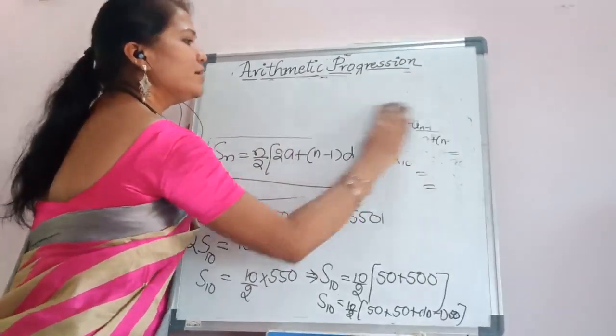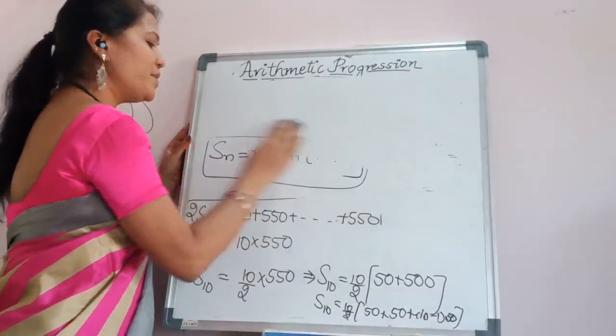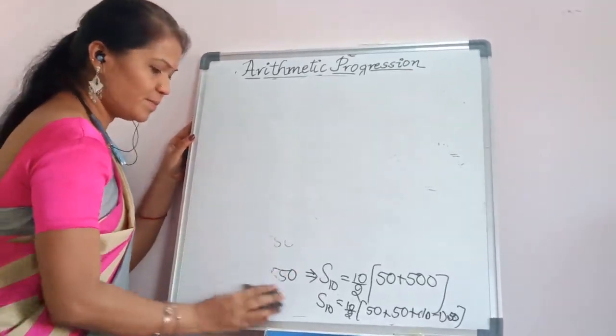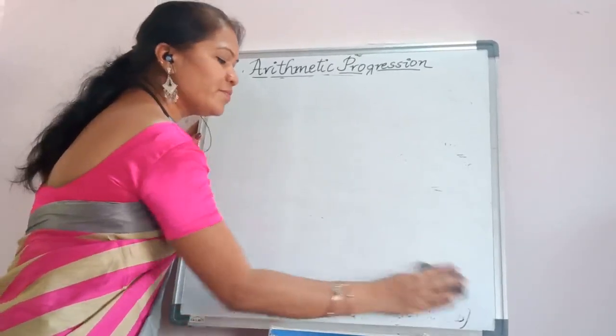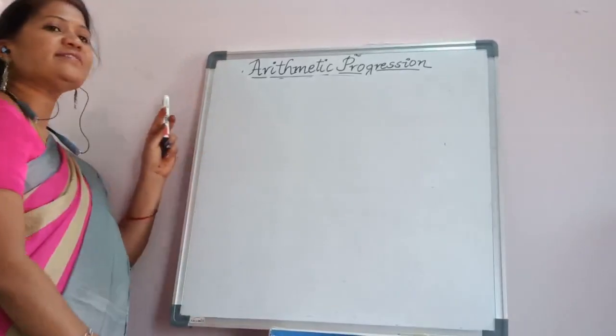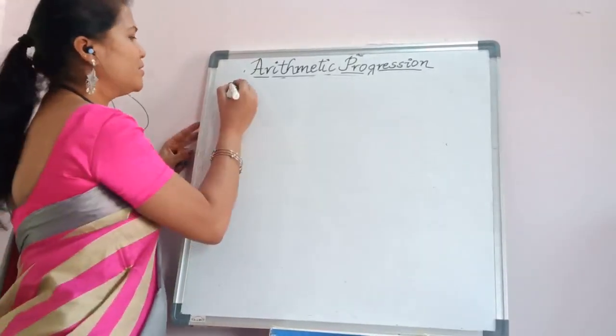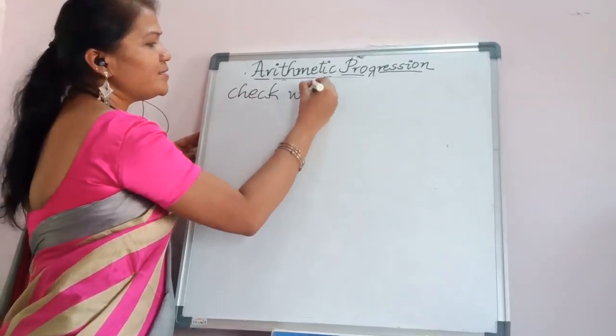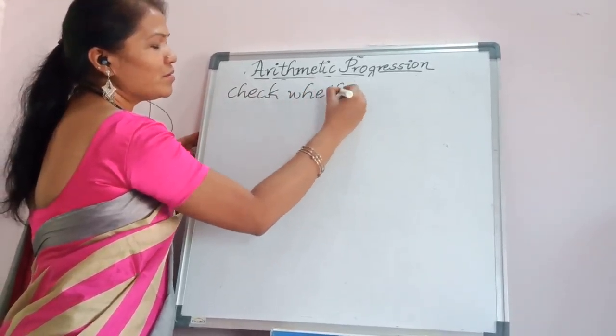let us see what questions can be asked based on this concept. First, he will give you a sequence and ask you to check whether it is in the AP or not.